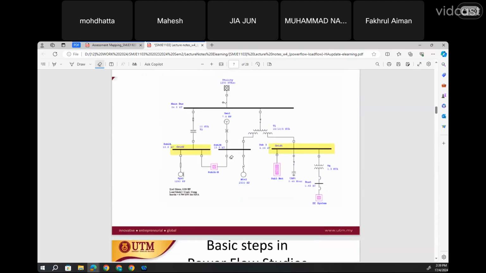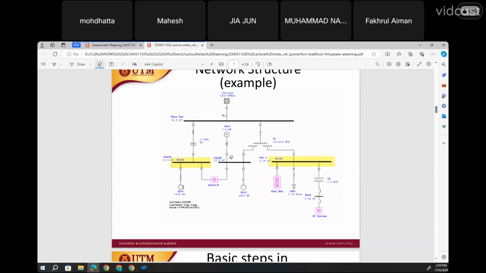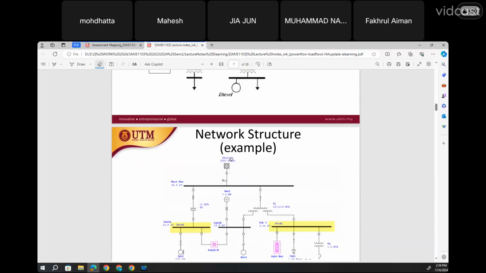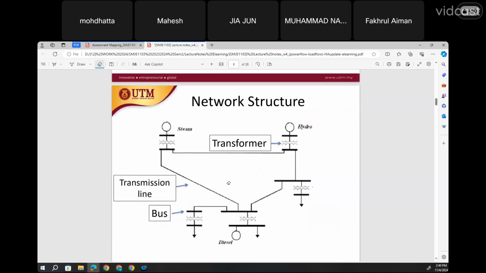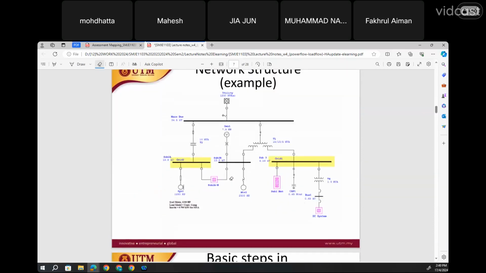Okay, these are some of the examples as well. If you notice, this is the network figure, and the one that we see over here is also known as a single line diagram.